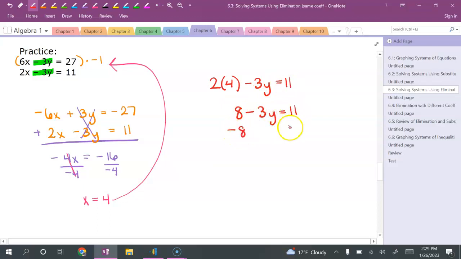And subtract the 8. So I get negative 3y. 11 minus 8 would be 3. I divide by negative 3. And so I have y equals negative 1. So then again, my final answer as an ordered pair should have been 4, comma, negative 1.